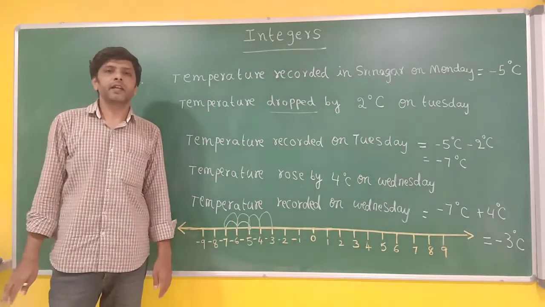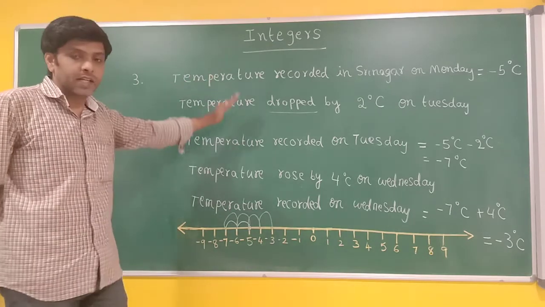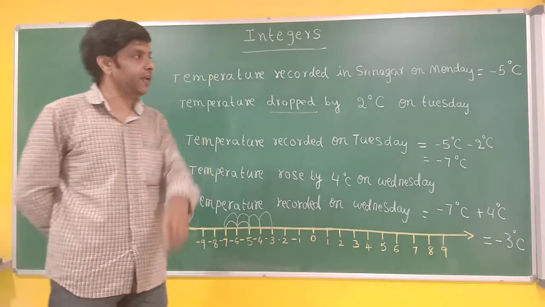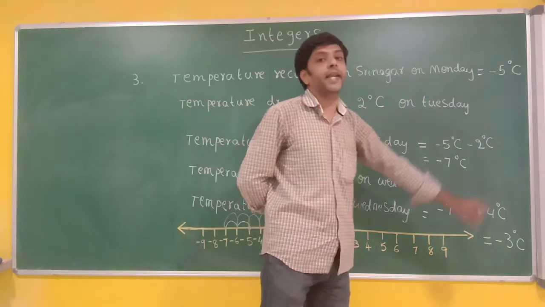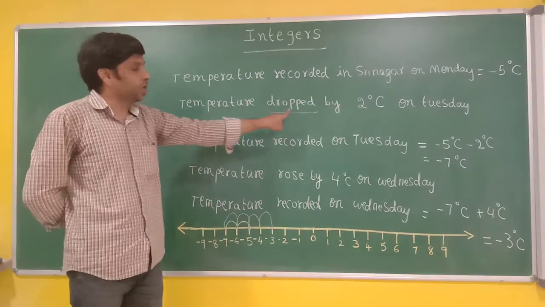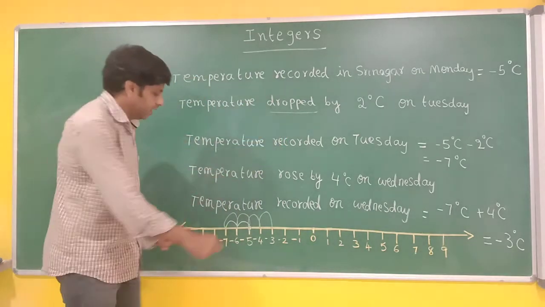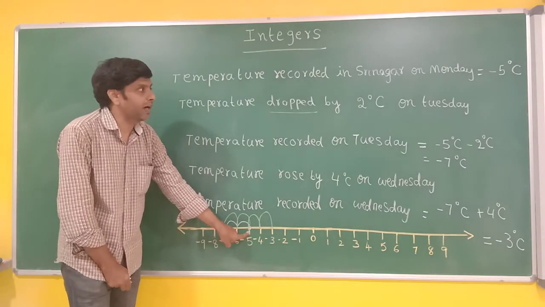Listen carefully. Yes, now I will explain the complete problem. Temperature recorded in Srinagar on Monday: -5 degrees Celsius. On Tuesday, what happened?